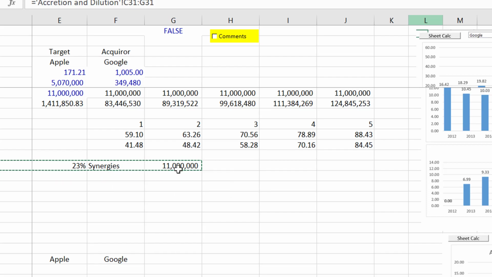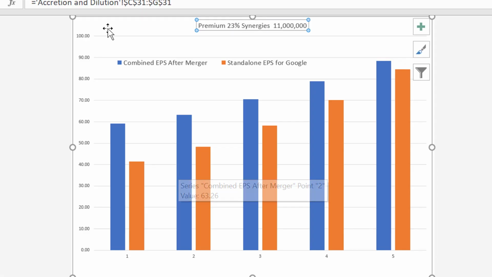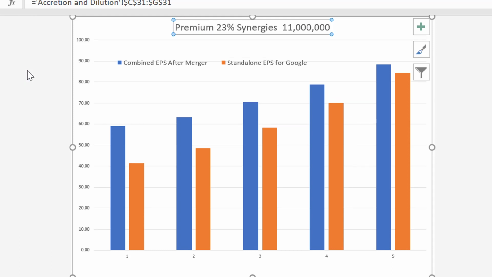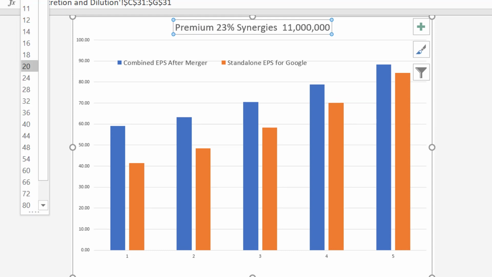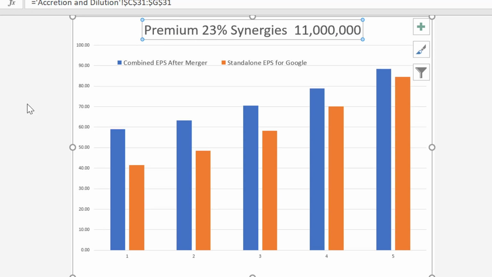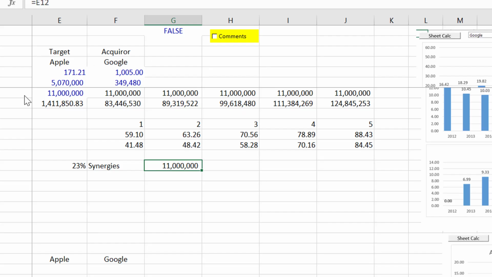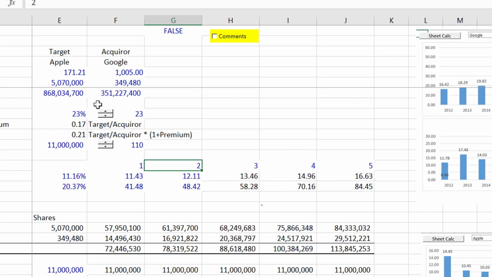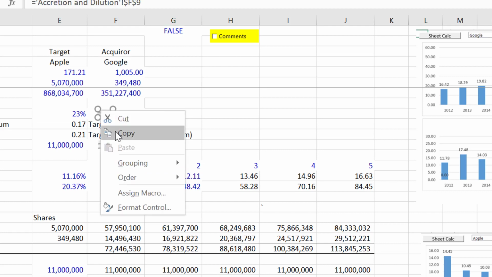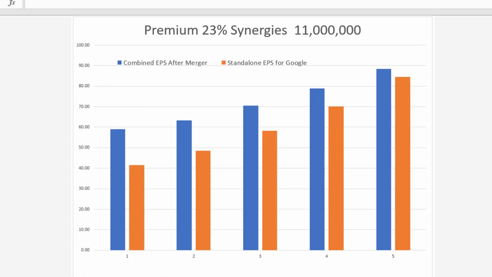So we click on these, and then perhaps let's make the title a little bit bigger so we can really see what's going on. Okay, and then the final idea of this one was just simply to show you, well, let's take this little gimmick we have over here and put it next to our graph.